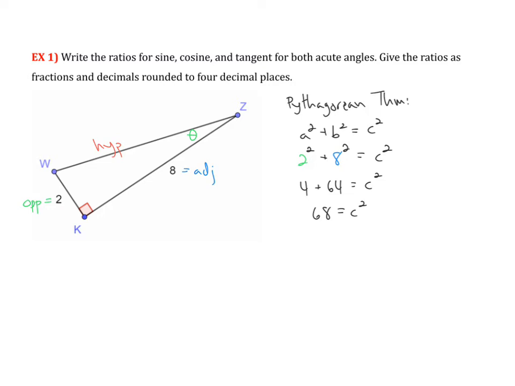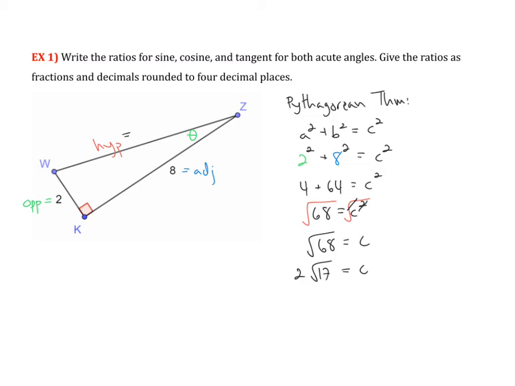Now we need to take the square root on both sides of the equation to cancel out my square and my square root. So we now have the square root of 68 is equal to just c. If I want to simplify this square root, I'm going to skip right along to say that 2 times the square root of 17 is c.